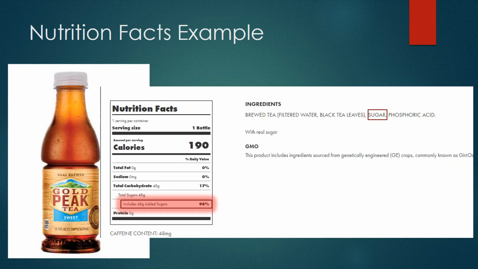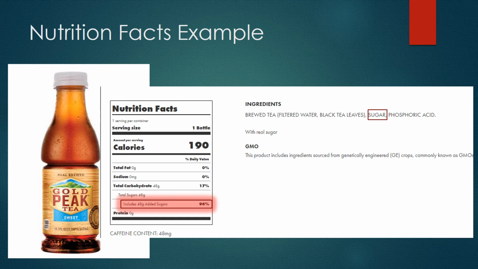Another example is for sugar-sweetened tea. This product, the serving size is for 1 bottle, which is 18.5 fluid ounces. 1 bottle provides 48 grams of total sugar, of which it includes 48 grams of added sugar. One can see the total amount of sugar is from our added sugar source.